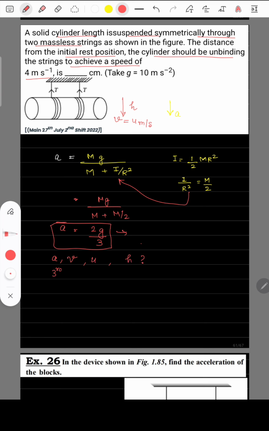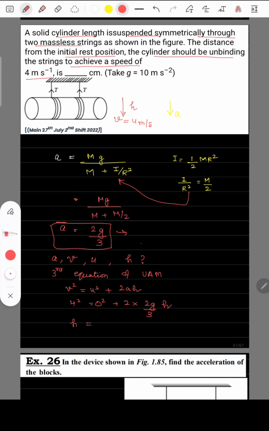Hence we will use the third equation of uniformly accelerated motion: v square equals u square plus 2ah. V is given, 4 square equals 0 square plus 2 into 2g by 3 into h.